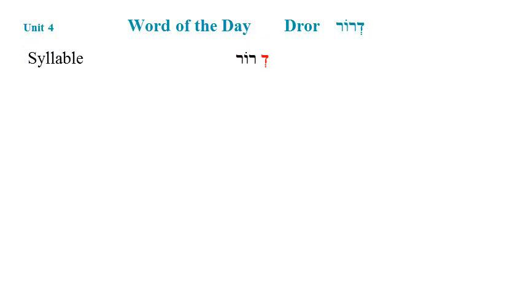So here is Dror. We already know the roar part, so we're going to focus on this first syllable, D, in Dror.